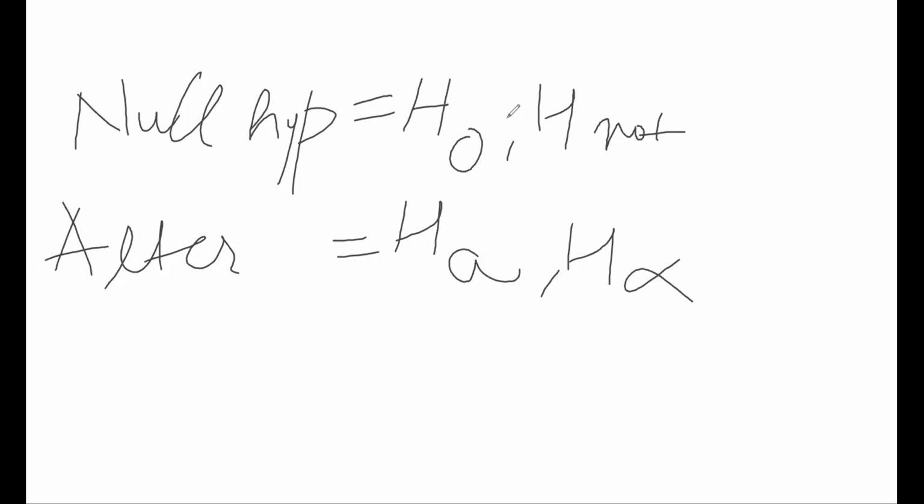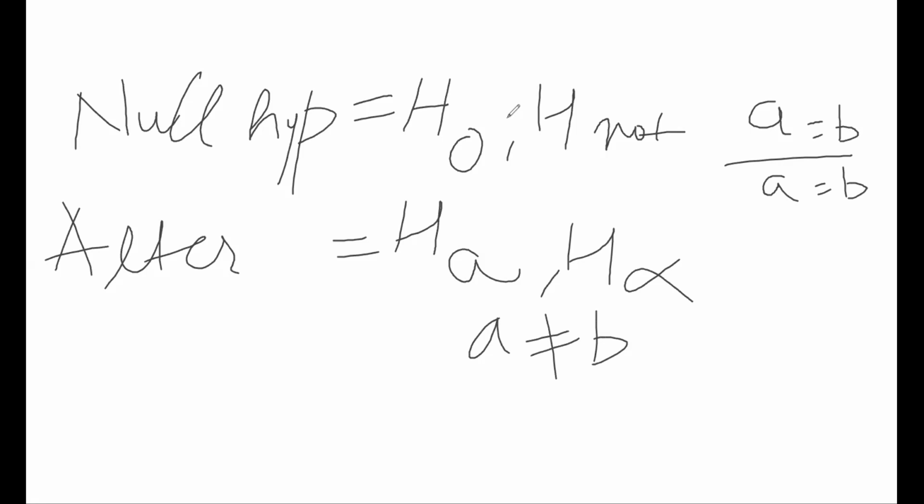One more thing, if we want to prove whether any two things are different or not, like whether these two means are different or whether these two variances are different, the null hypothesis would always be that the mean of A is equal to the mean of B, or the variance of A is equal to the variance of B. And the alternative would be that their variances would not be equal or their means would not be equal.